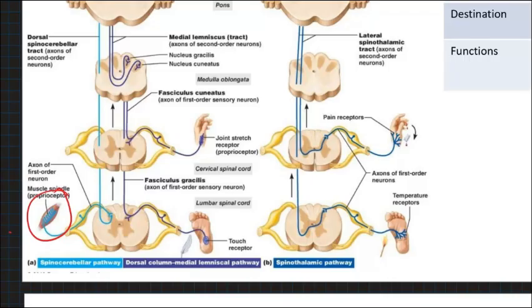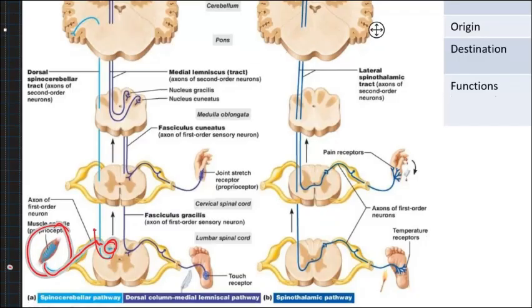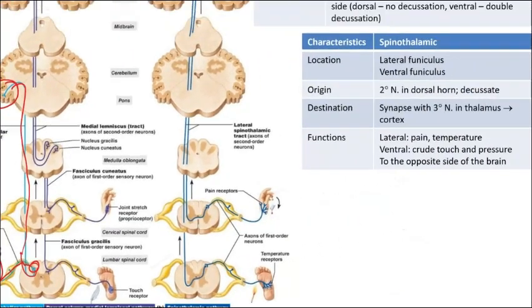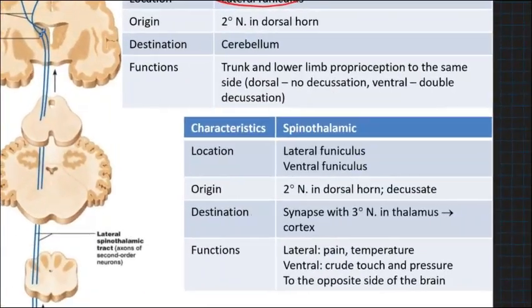So these proprioceptors, the receptors that sense the position, in your, for example, muscles and joints, send the signal first to the spinal cord, and then from the spinal cord to the cerebellum. So the name of the pathway makes sense. It's spino, spine, cerebellar, from the spine to the cerebellum, an ascending pathway that transmits proprioception. Okay?